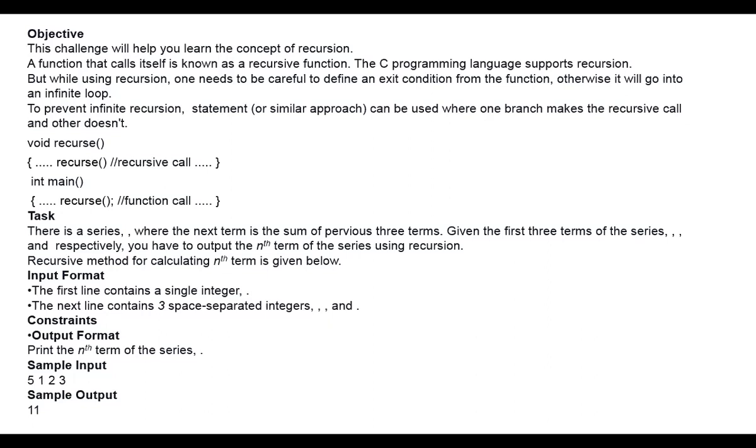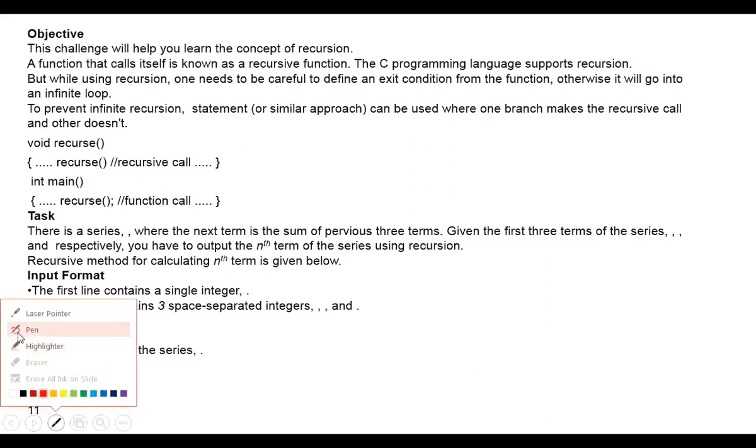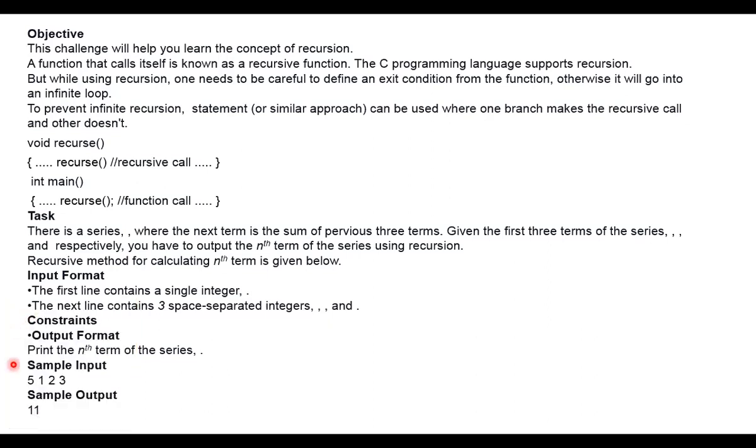Okay. So the sample input here is 5. This 5 means which term you want in the series. And this 1 2 3 here means the first three terms of the series.